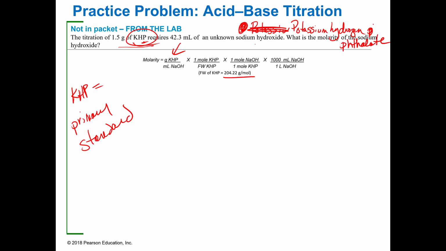So this is how I standardize the sodium hydroxide that I use to titrate the acid. So that's the only reason that I'm bringing it up for you. And if you want to work it, you can, but you're not going to be tested on it or anything. Okay, and that is titrations of acids and bases.